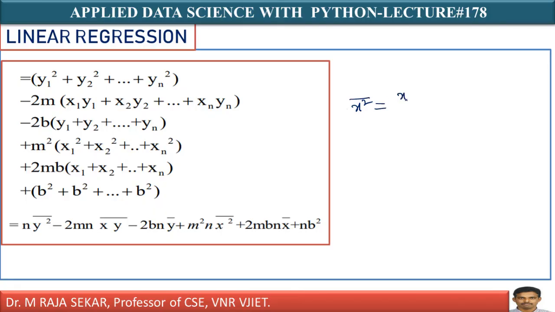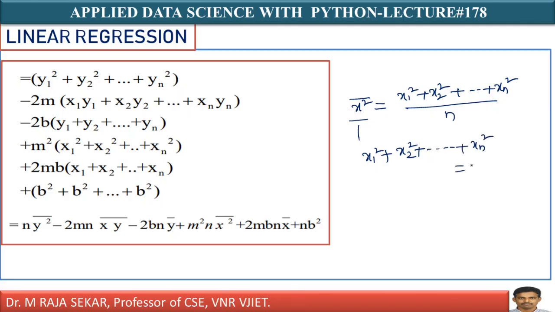In a similar manner, x square bar means what? x1 square plus x2 square plus so on xn square whole by n. If you cross multiply them, what will you get? x1 square plus x2 square plus so on xn square equal to n into x square bar.